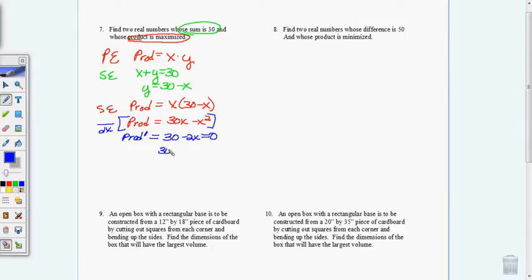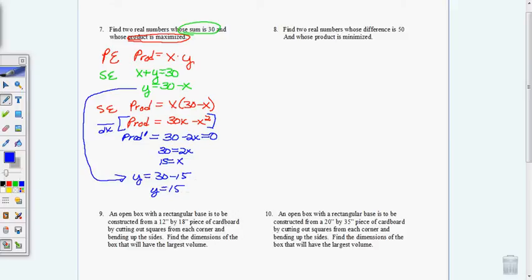So 30 is going to equal 2x, and x is going to equal 15. Now that I have my x value, I can solve my y value by plugging it back into the equation, and y equals 15 also.